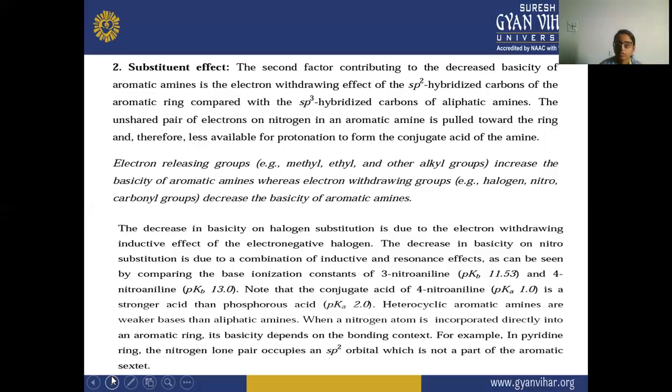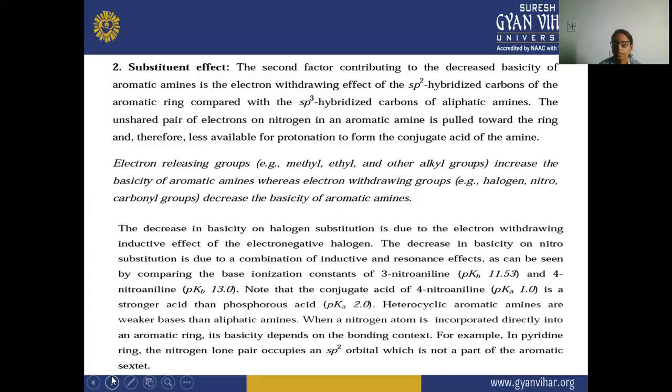So this second factor shows that aromatic amines have less basicity than aliphatic amines and ammonia. This is the substituent effect, due to the electron withdrawing effect of the sp2 hybridized carbon.